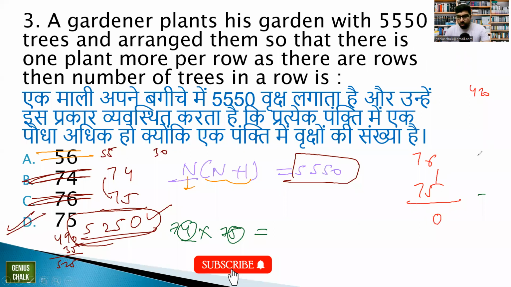It must be 0, and it should be 45. 75 sevens are 525. 525 plus 42. Is it coming? It was 45. So yeah, 5550. Let's see, 75 into 7 is 35, 525. 525 plus 45.